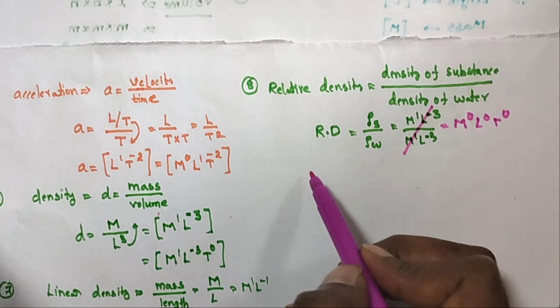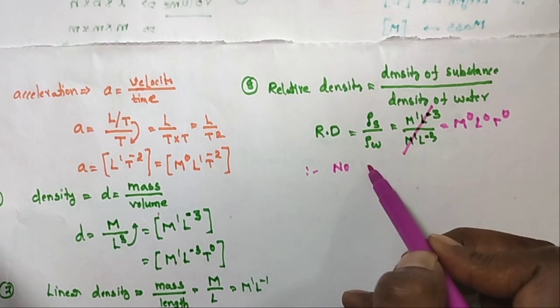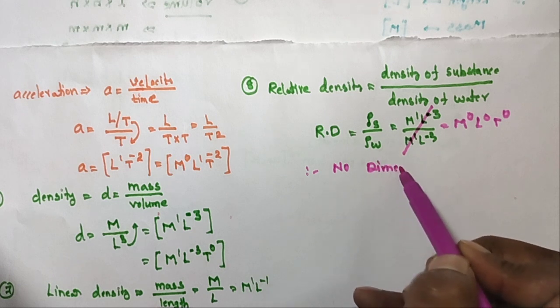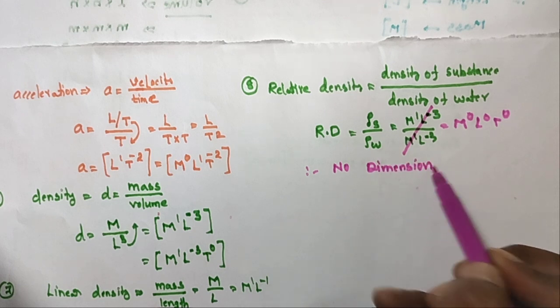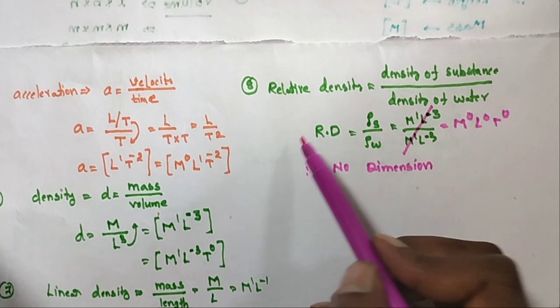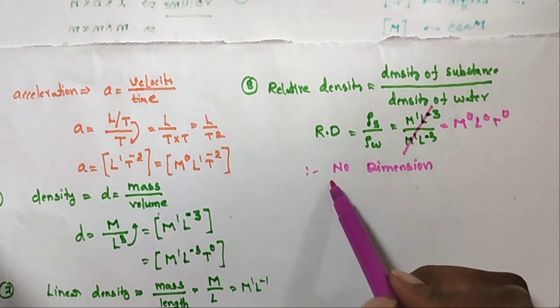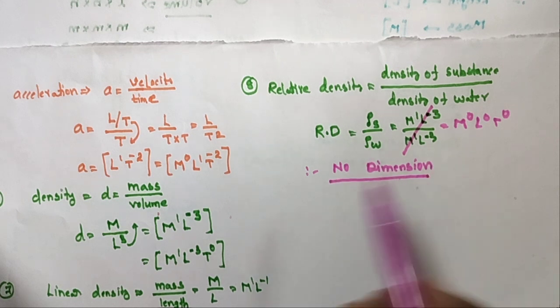So the relative density, what is the dimensional formula? There is no dimension, dimensionless. Some derived quantities have the same dimension, and some have no dimensional formula. So here the relative density has no dimensional formula.